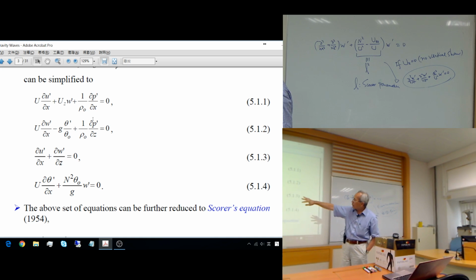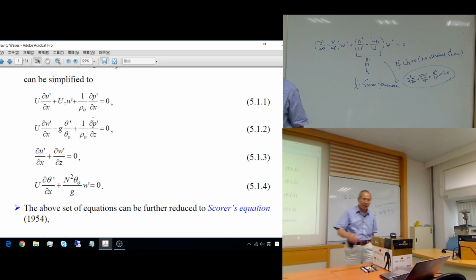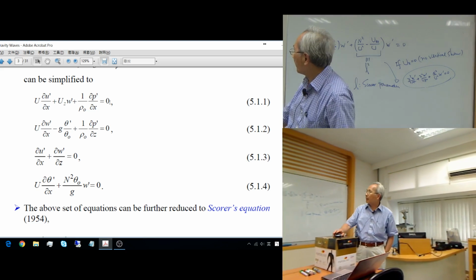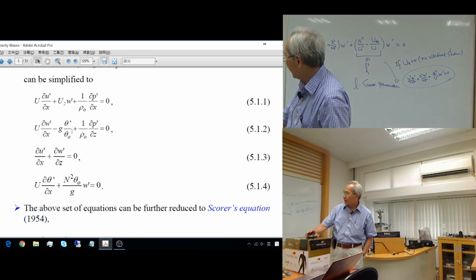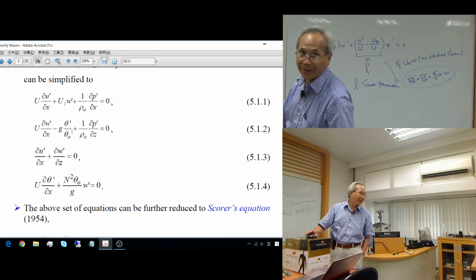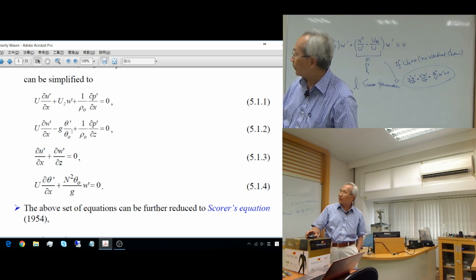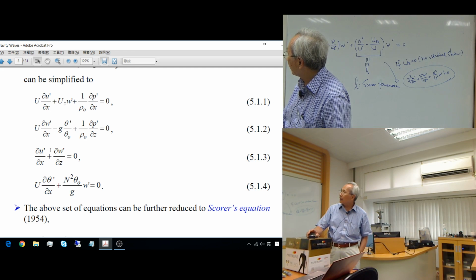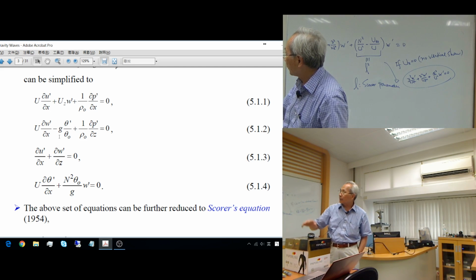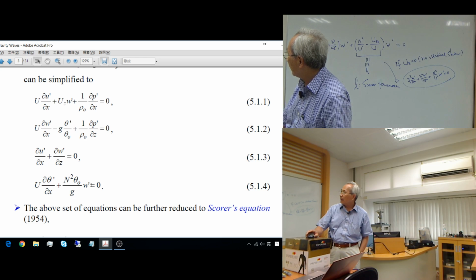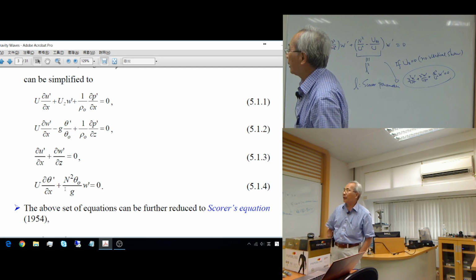As you know, the first one is the momentum equation in the x direction, then the momentum equation in the z direction, the height or vertical direction, then the incompressible continuity equation. And then we also assume adiabatic, so we have the thermodynamic energy equation.